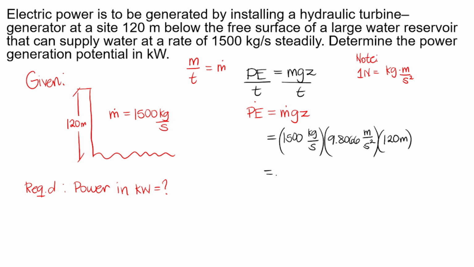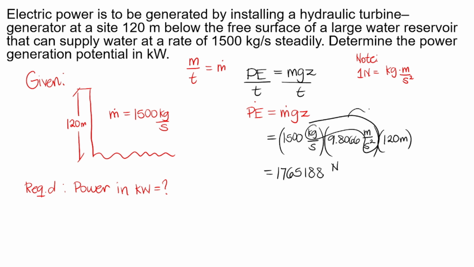So, pressing this into your calculator first, 1500 times 9.8066 times 120. What will we get? That is 1,765,188. And our resulting unit will be Newton, kasi Newton to.